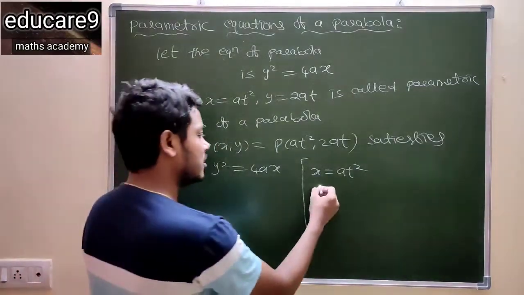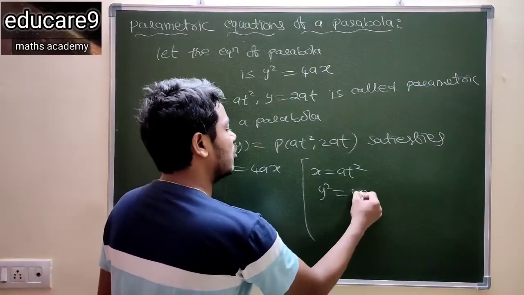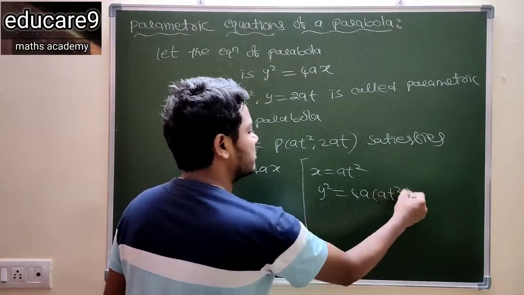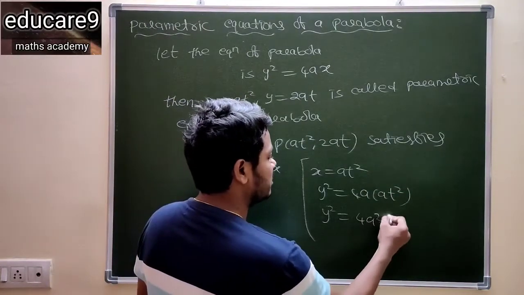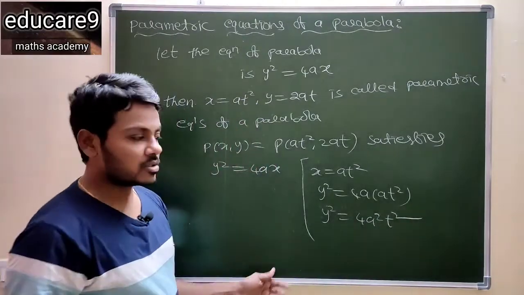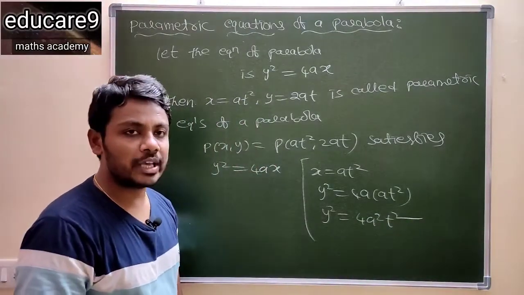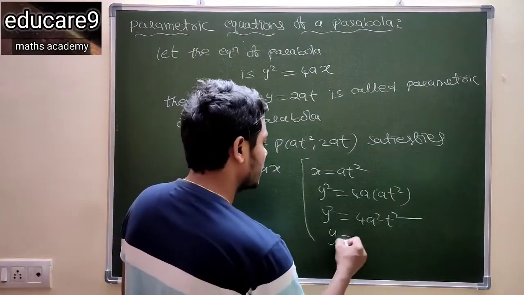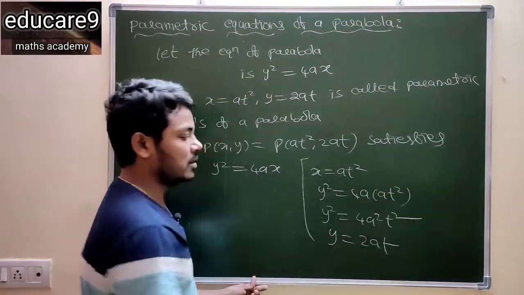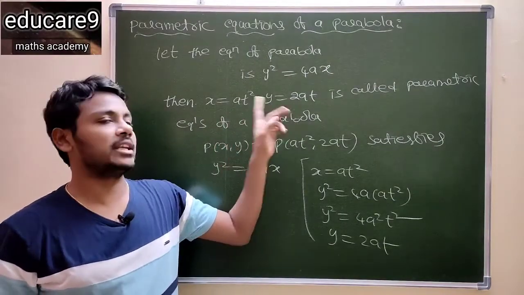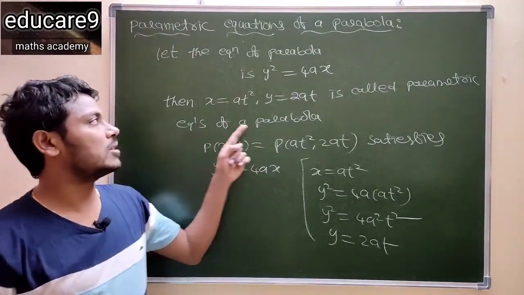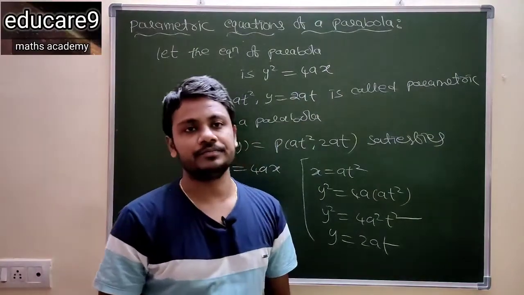Substitute, what you get? y² = 4a into at². So y² is equal to what? 4a²t². So clearly y is equal to what? 2at. Okay. Therefore, x = at², y = 2at is called what? Parametric equations of a parabola.